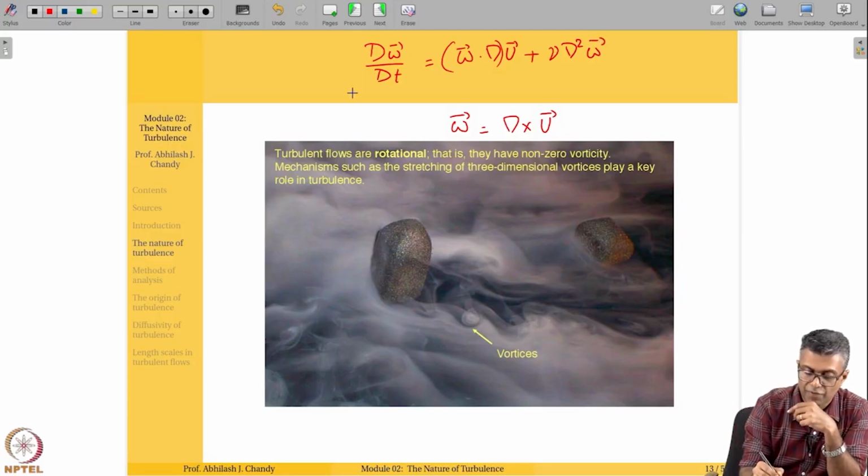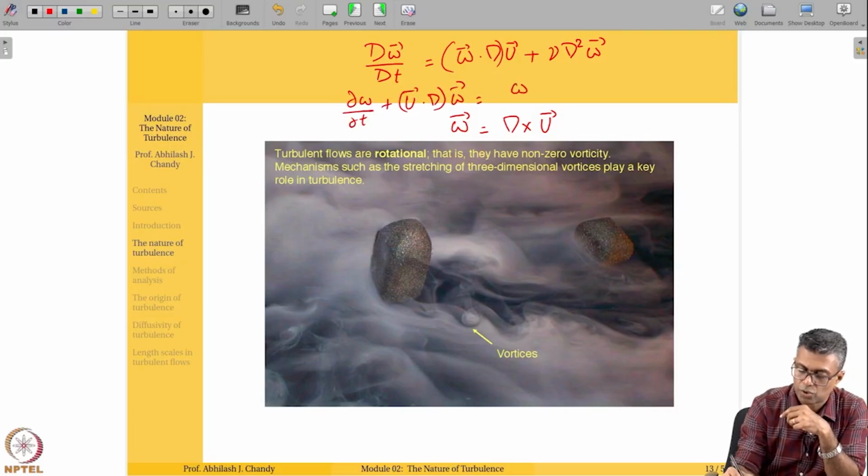Okay, so the left hand side is obviously del omega del t plus u dot del omega, equals omega dot del u plus nu del squared omega.